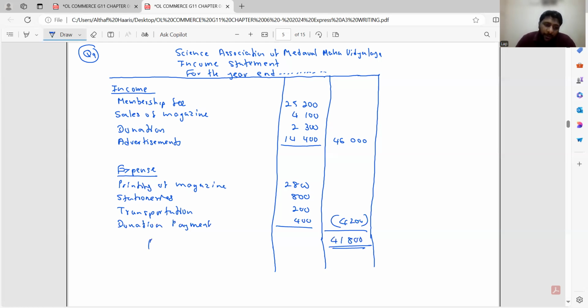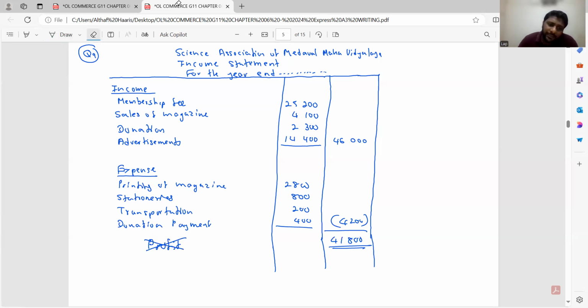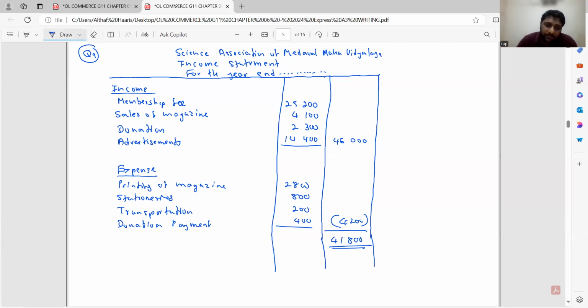If you write profit here, it is wrong. Wrong. You can't use the word profit in not-for-profit organizations. If you have profits, instead of the word profit, we will use the word surplus. Surplus is the word you have to use. Surplus.